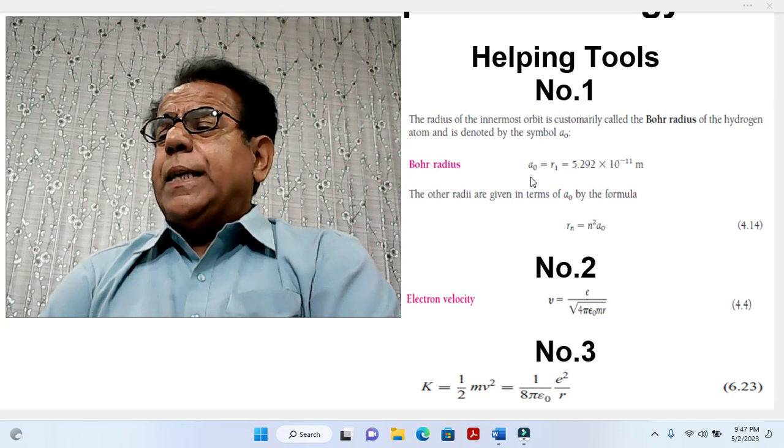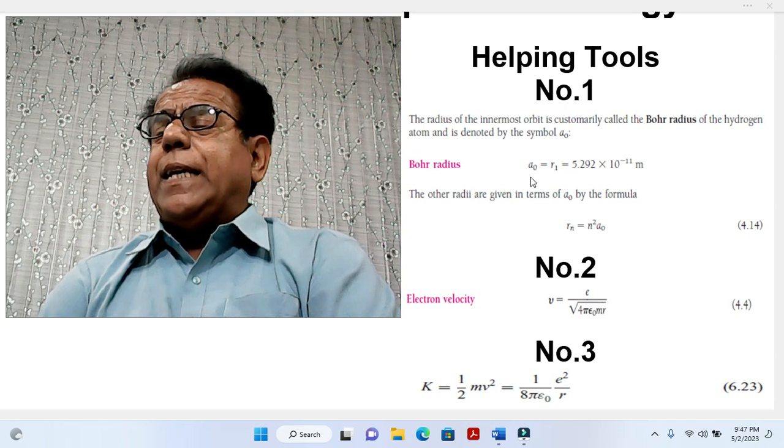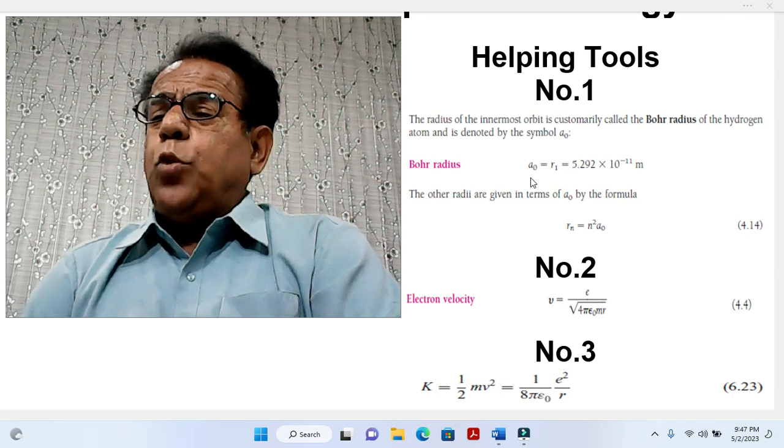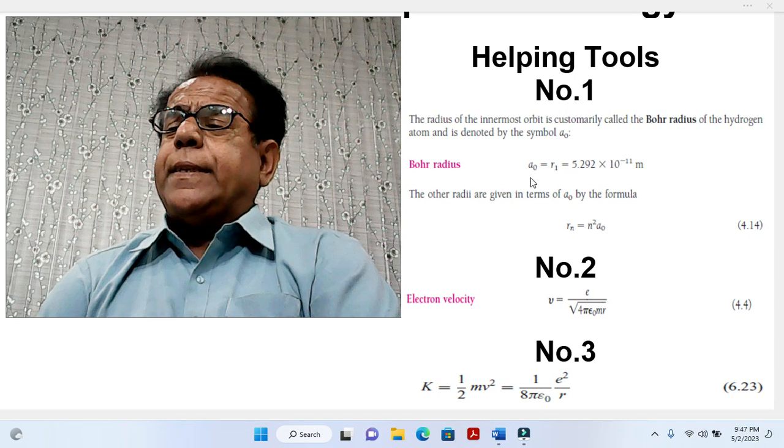So here we have not called it A, we have called it A naught. In the base of A, 0 is written.